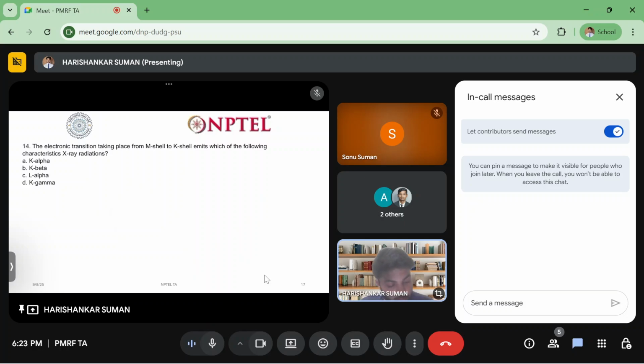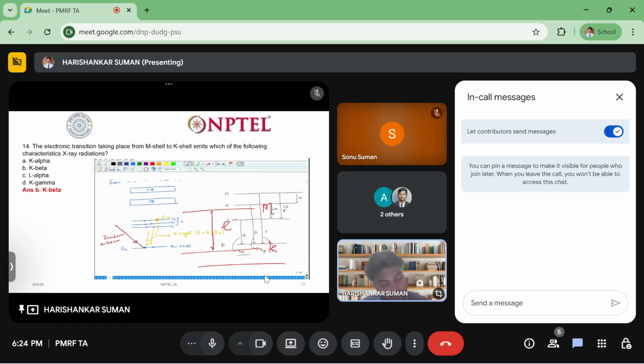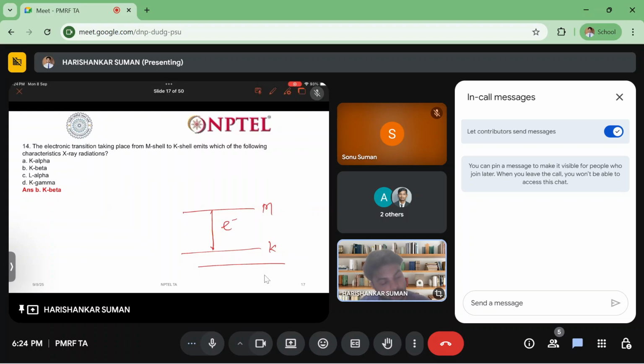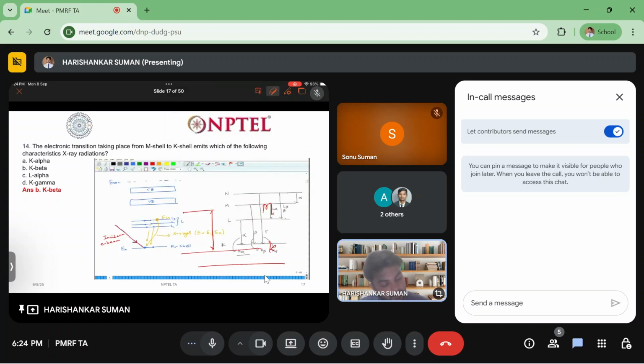Electron transition, let's say from the M shell to the K shell taking place. So, 1 minute. Let me show you the answer.